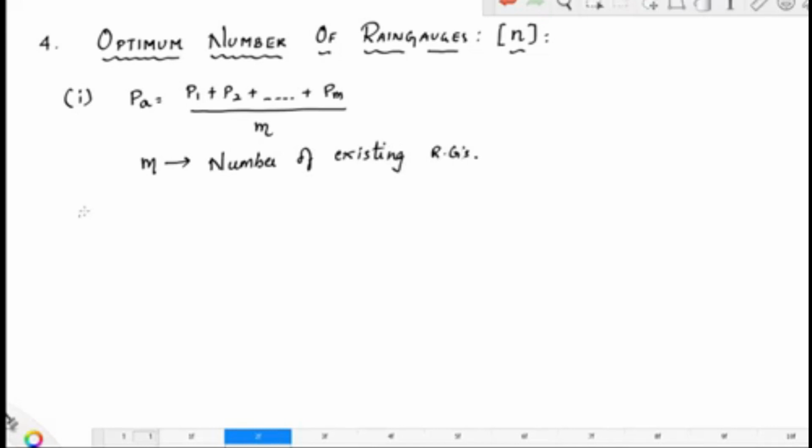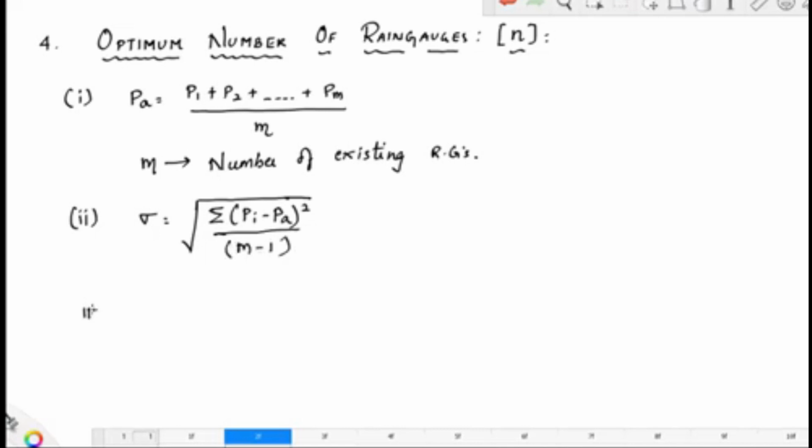Second one, so you require a standard deviation formula, which is nothing but summation of Pi minus Pa whole square whole divided by M minus 1.